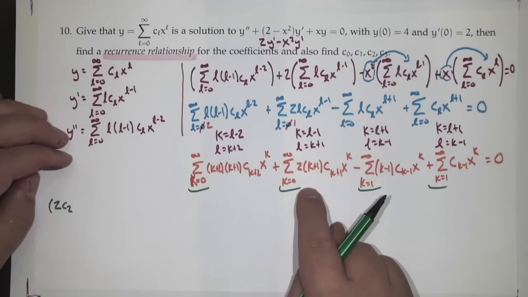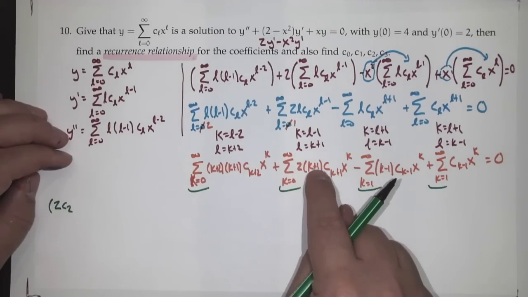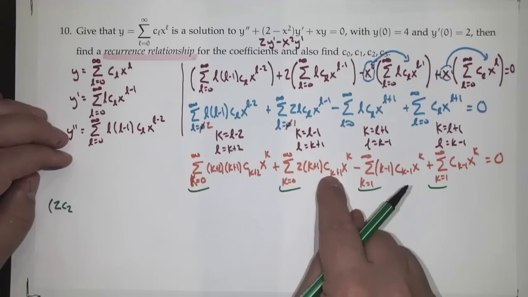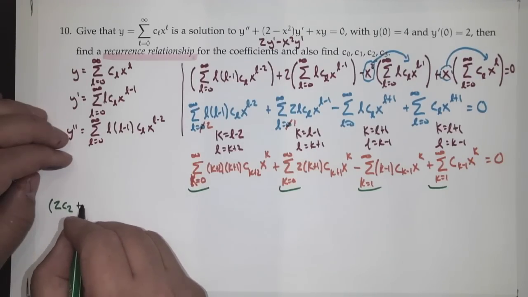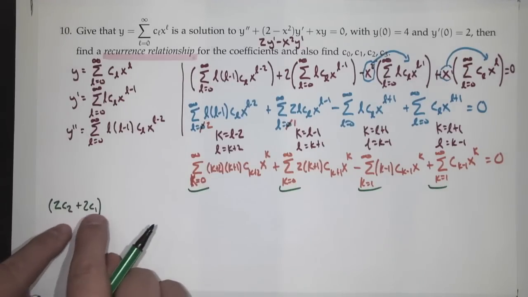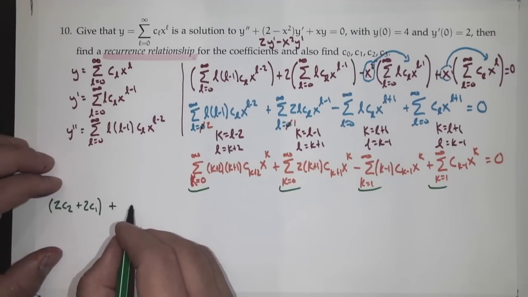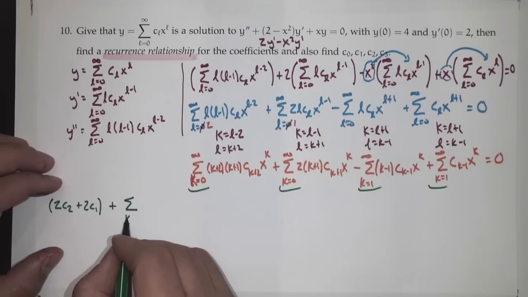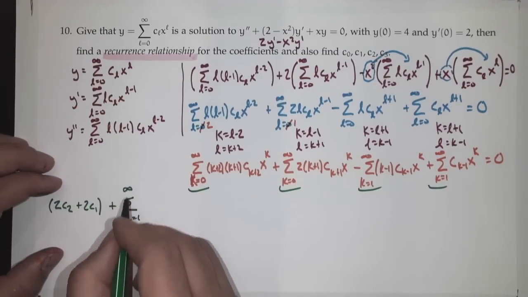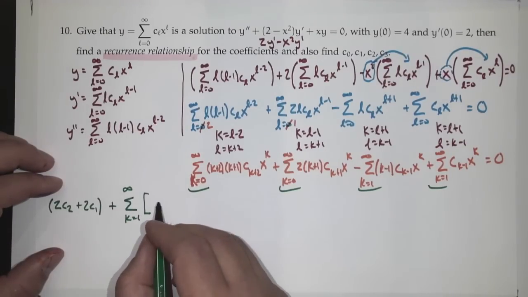Here, what do we have? We'll have 2 times 1 times C1. So plus 2C1. So I've pulled off the 0 terms. Everything else starts at 1. So I can now put it all together into one sum starting at 1. And I grab my coefficients.